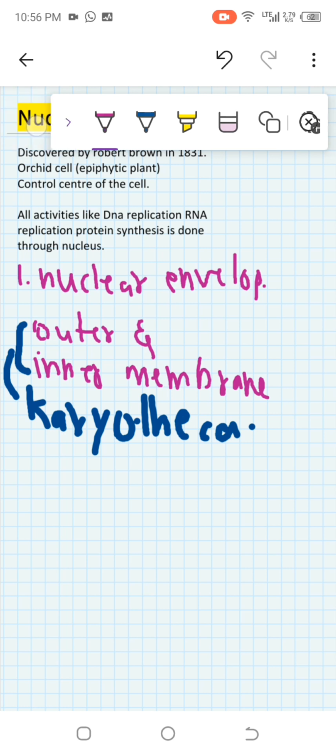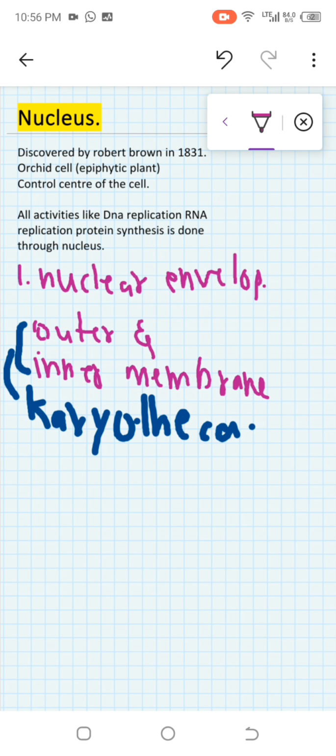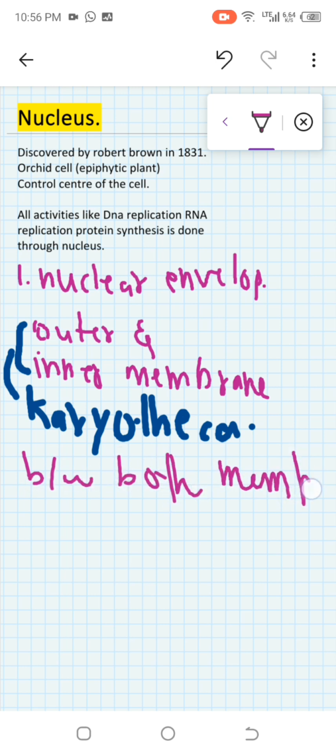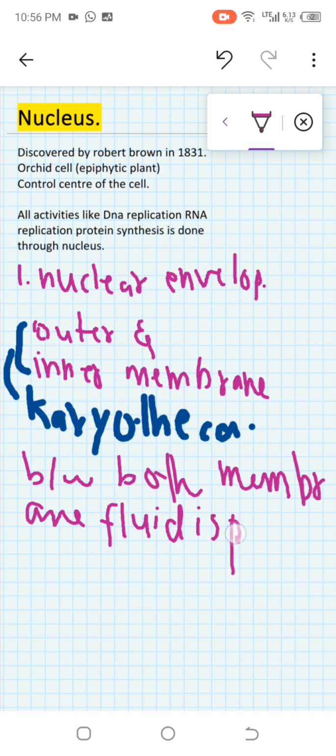Now between both membranes, outer and inner, fluid is present. That fluid is called perinuclear fluid.